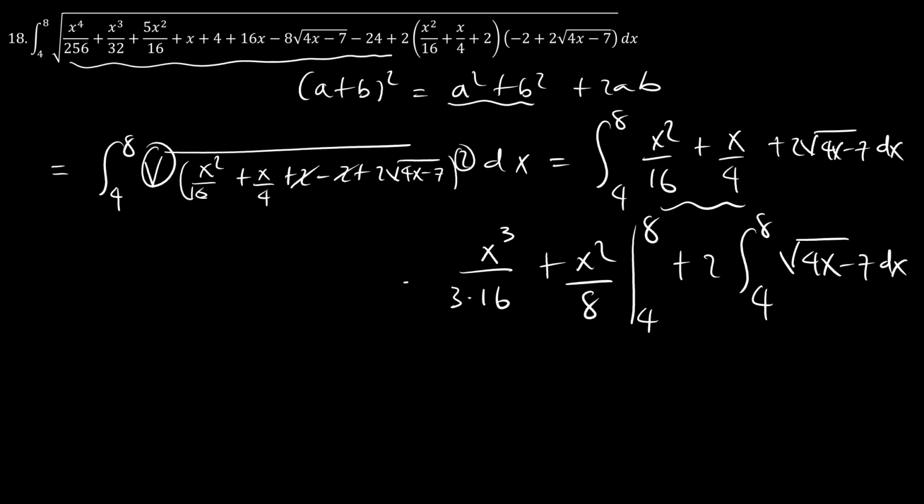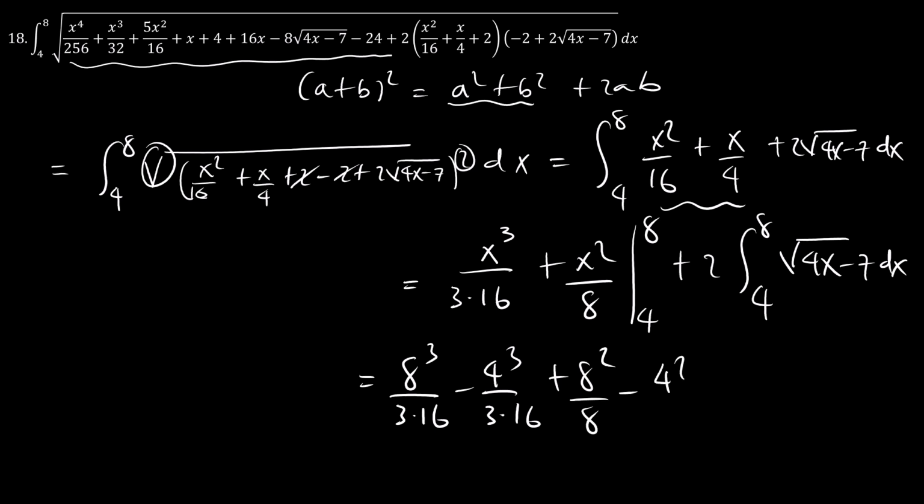So this is the same as 8 cubed over 3 times 16 minus 4 cubed over 3 times 16, plus 8 squared over 8 minus 4 squared over 8, plus twice the integral of the square root of 4x minus 7.